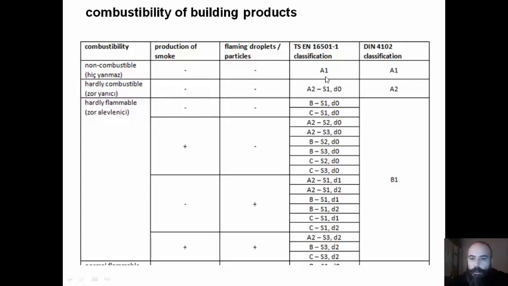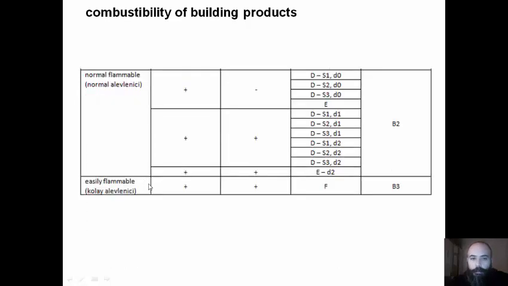In Turkish standards, it's defined with these letters. In DIN, it's with these letters, and we can also classify them according to the production of smoke or flaming droplets and particles. Highly combustible, hardly flammable, normal flammable, and easily flammable, which are also producing smoke and flaming droplets.